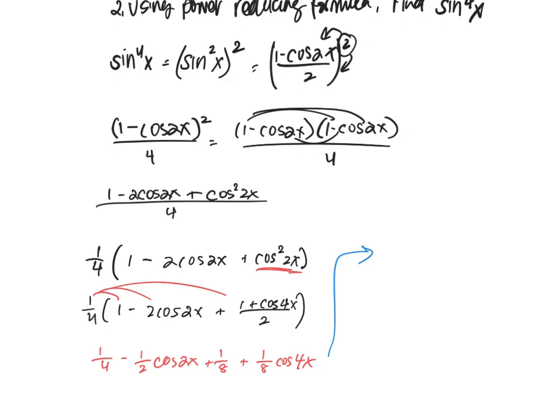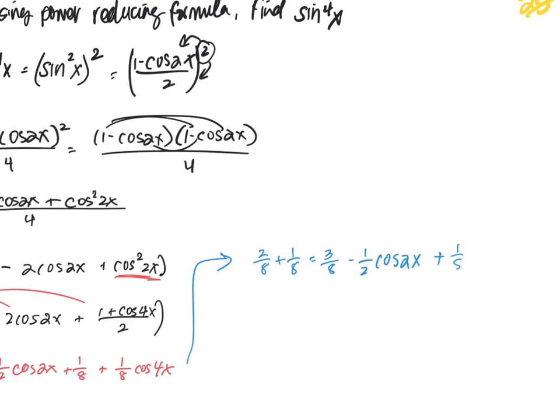Okay, and then we can clean it up a little bit more. 1/4 I can write as 2/8 plus 1/8. That's going to be 3/8 minus 1/2 cosine 2x plus 1/8 cosine 4x.